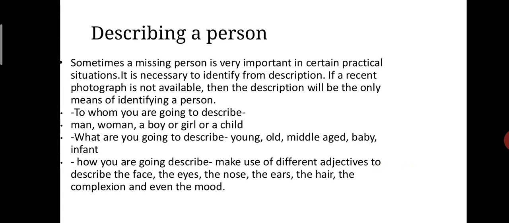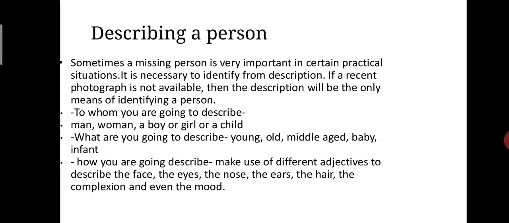See, the first part is describing a person. Sometimes a missing person is very important in certain practical situations. All of you know there are missing persons in society, and when there is a search for that person, the most important part is how you are going to search for that person through his or her description.